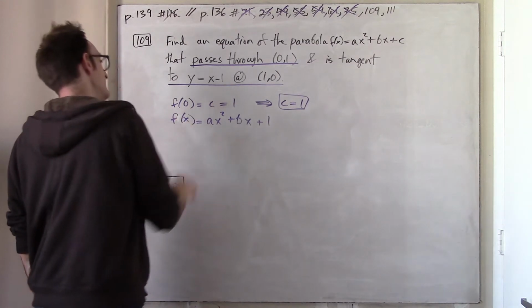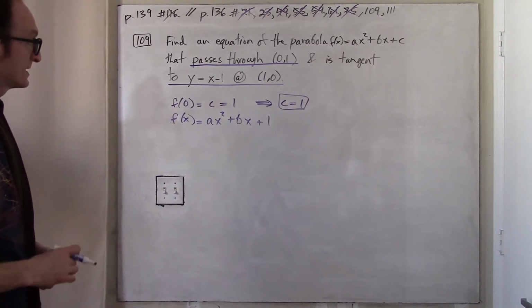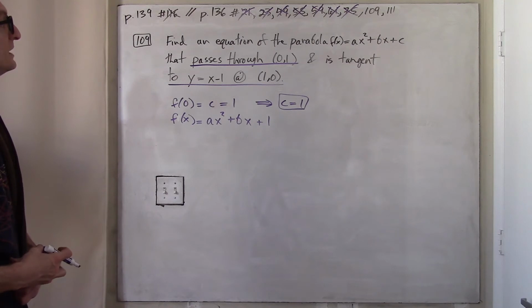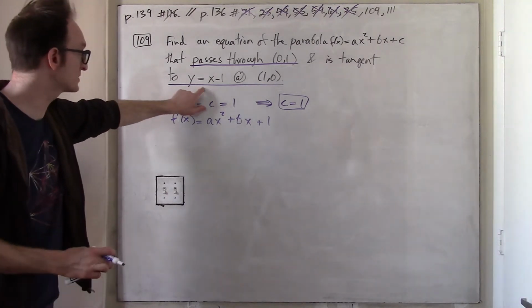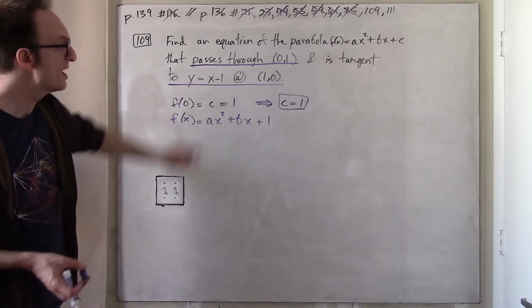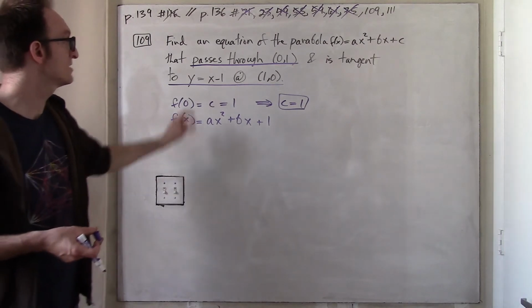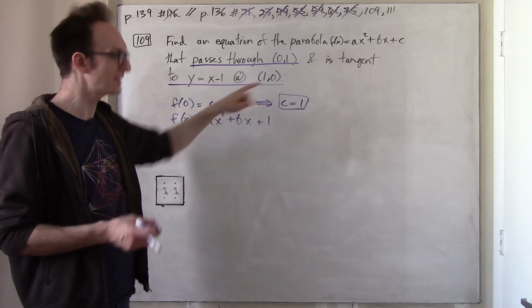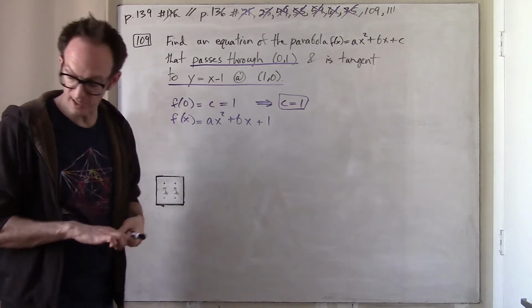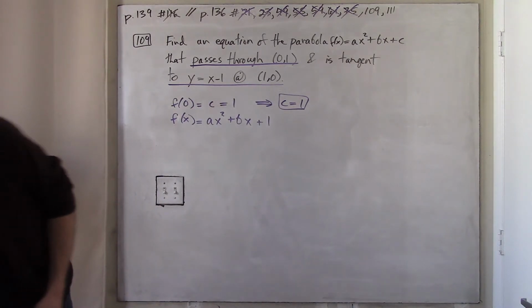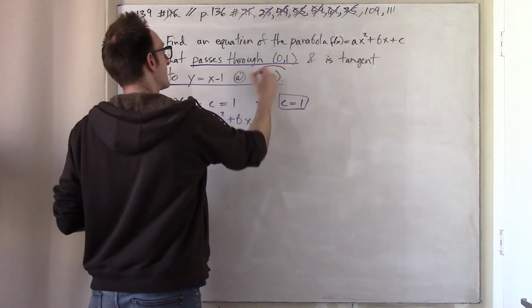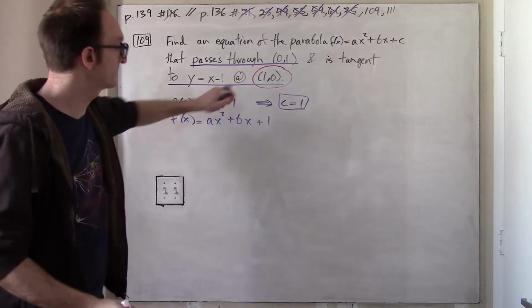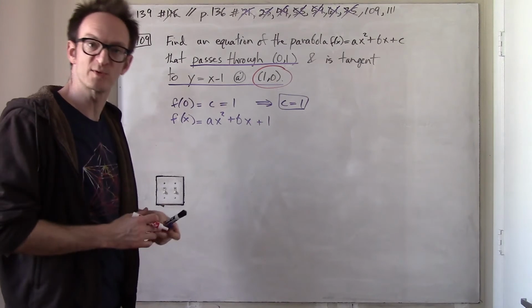But also, notice that they tell me something about this tangent line, y equals x minus 1. They specifically tell me that my parabola is tangent to this line at the point 1, 0. In other words, built into that sentence is the fact that the function and the tangent line go through this point 1, 0.